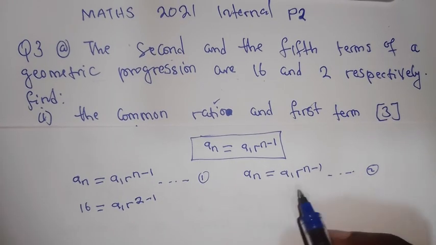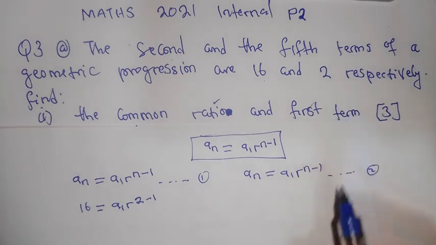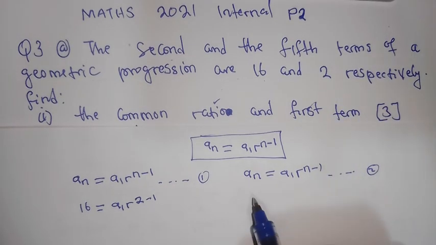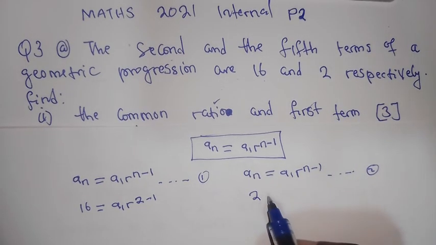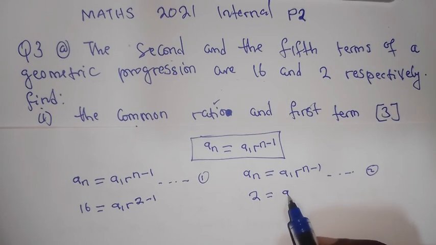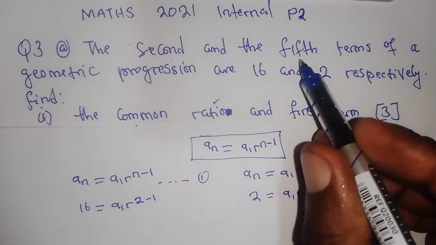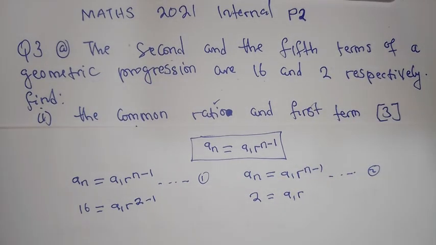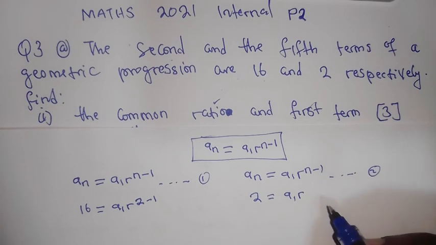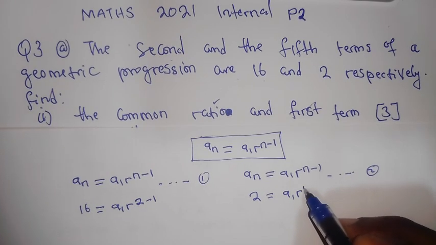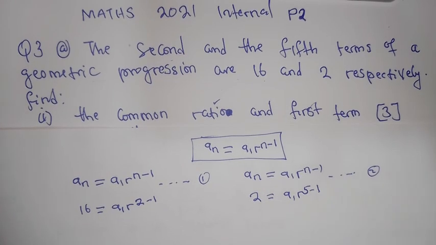Then we also do the same on the other side for this one. So where there is an, you're going to put 2 is equal to a1 multiplied by r to the power, the fifth term. So the fifth term is 5 minus 1.